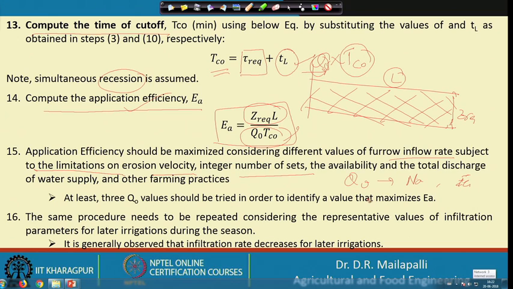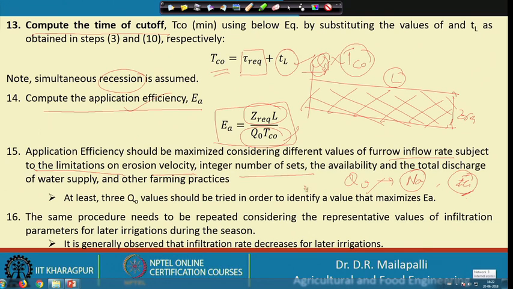Okay. So, similarly you take another Q and find out this, and during this process you will know for which number of furrows and sets and the corresponding flow rate you get maximum efficiency.